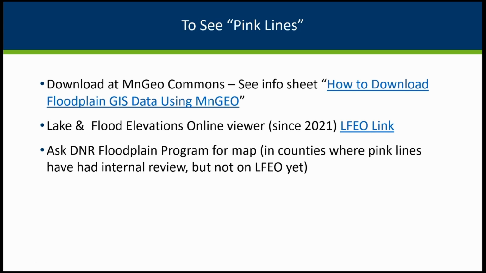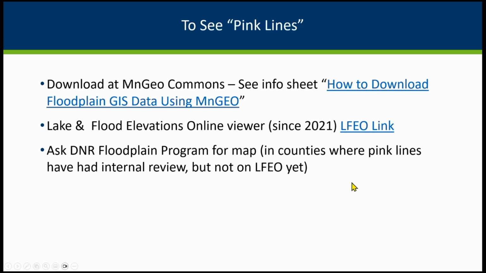A couple more words about getting the pink lines. You can get that layer at the MnGeo Commons if you'd like to have that on your own GIS systems. And as we've mentioned, it's on Lake and Flood Elevations Online. We've had it on there since 2021, so people are getting pretty used to it.